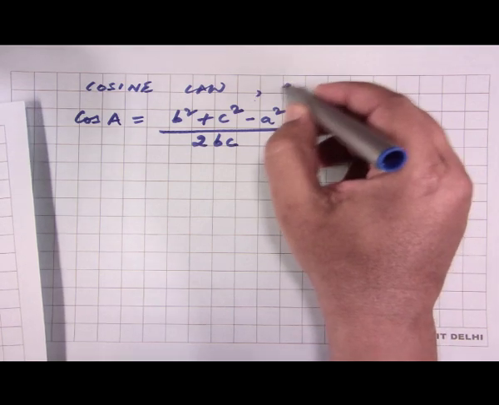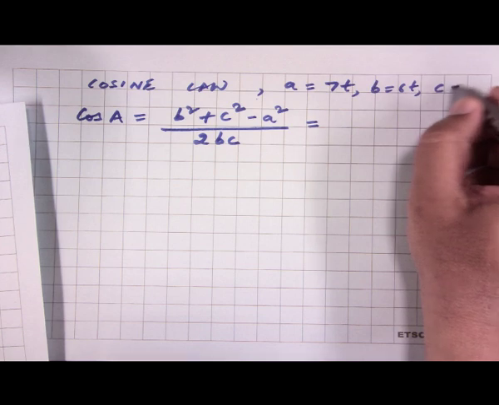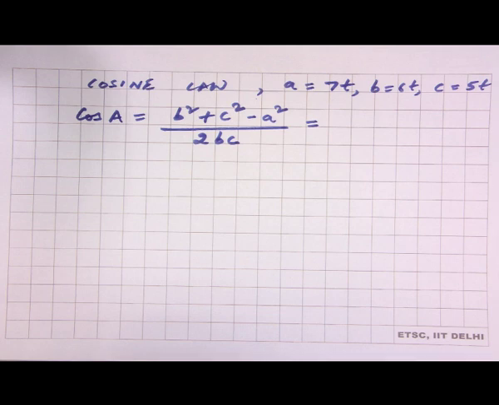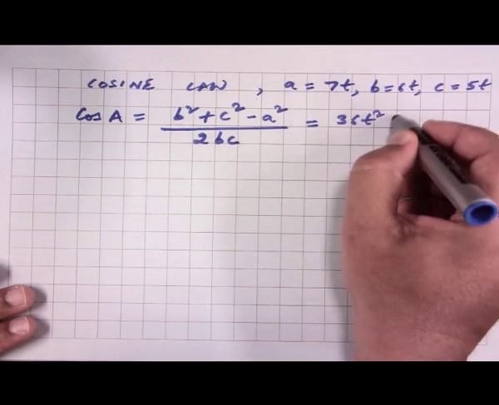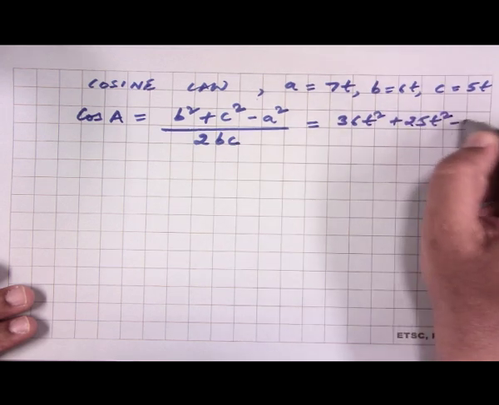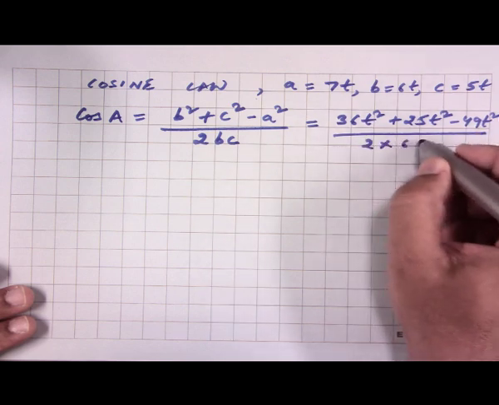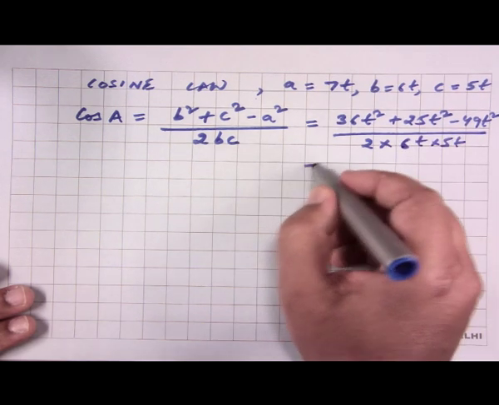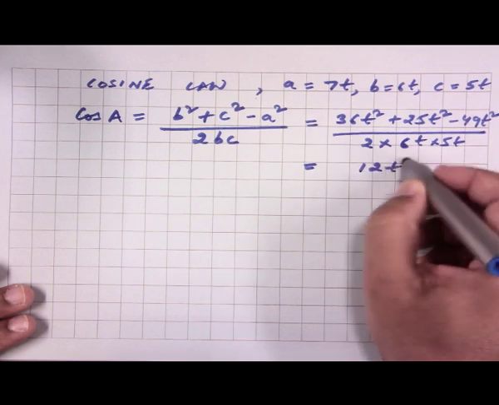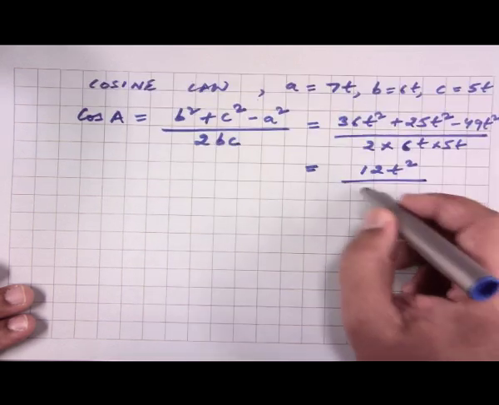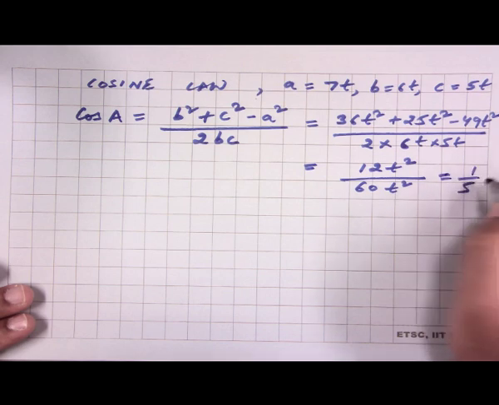So, let me copy it here. So, then this becomes, upon, which is equal to 61 minus 49 is 12 t square upon 60 t square, it is 1 over 5.